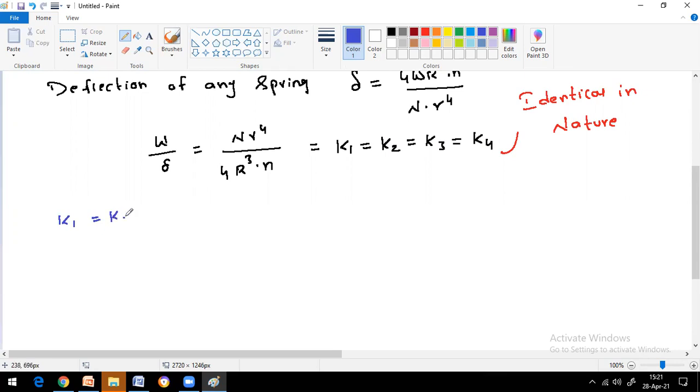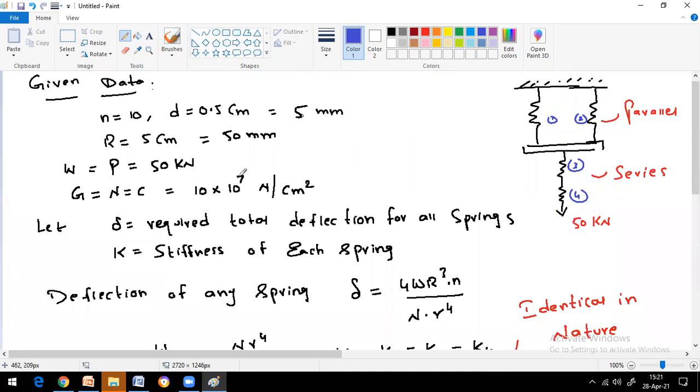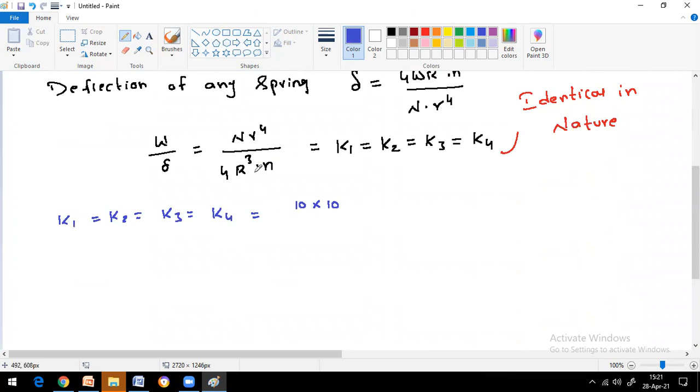So K1 is equal to K2 is equal to K3 is equal to K4 is equal to, substituting the values, 10 into 10 power 6. Oh, sorry, let me check, it is 10 power 6, not 10 power 7. So 10 power 6 into 0.25 power 4 by 4 into 5 cube into 10.